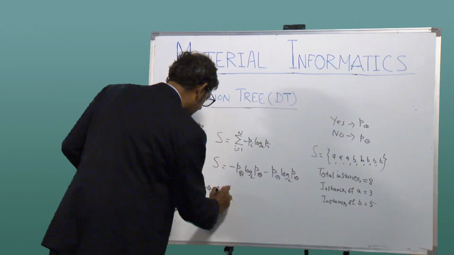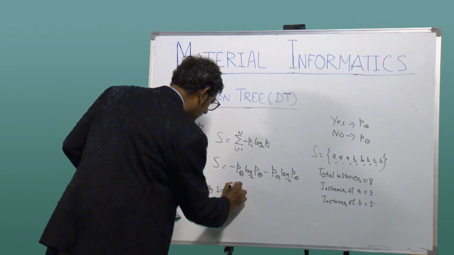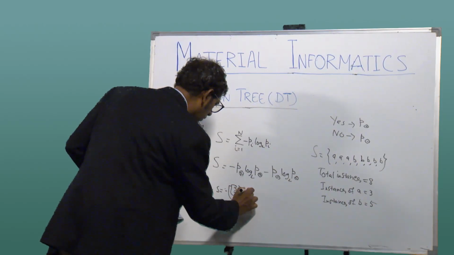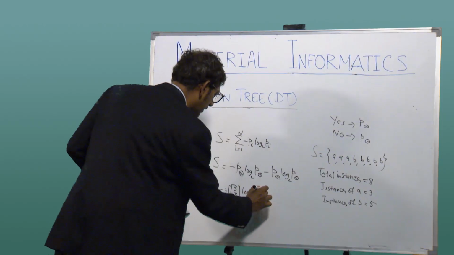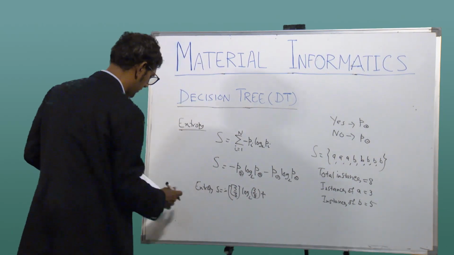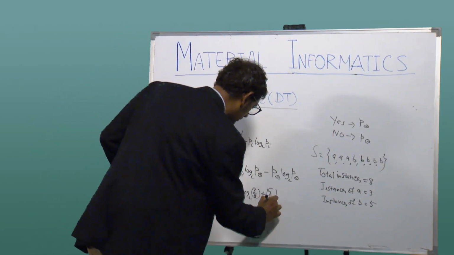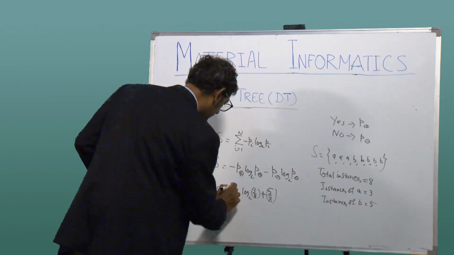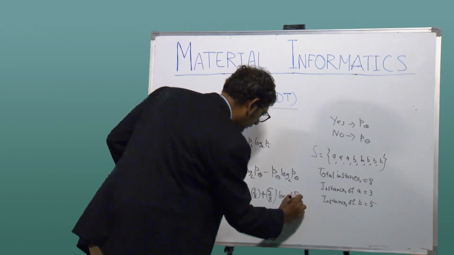We will take minus out, 3 by 8 log 2 3 by 8 plus, remember we have taken the minus out here, 5 by 8 log 2 5 by 8.